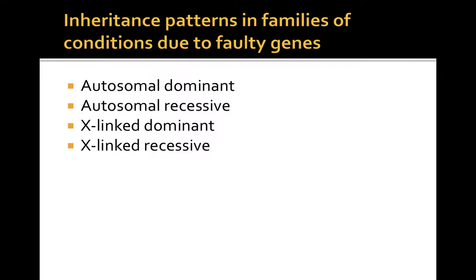The characteristics: 50% chance of the offspring inheriting one gene mutation, 25% chance of inheriting the disease or phenotype, horizontal transmission on the pedigree. The proband may have affected siblings, but not the parents because they're carriers, and males and females are affected equally.